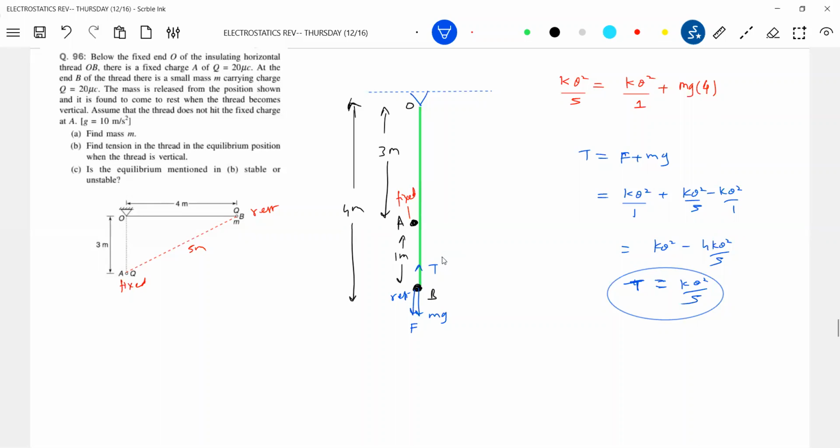Next, after this, is the equilibrium mentioned in the B stable or unstable? This is a thread. You slightly displace it. Then the electrostatic force, we have to take a diagram. Let's have a small diagram. I'll draw it here.